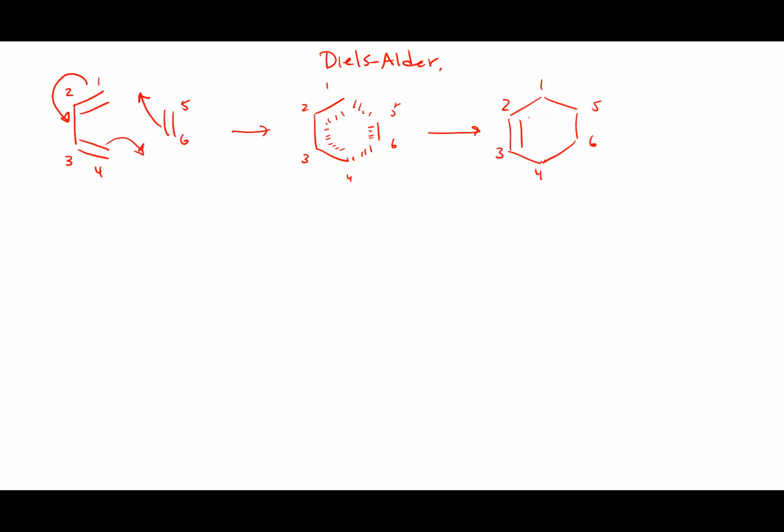Diels was a German chemist, Otto Diels, and then Kurt Alder was one of the first famous organic chemists that was an American. Organic chemistry is not an American science. It was developed in Germany. A lot of it was developed in Russia. I give you Markovnikov and Zaitsev.